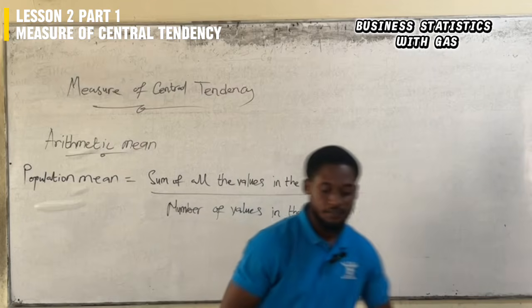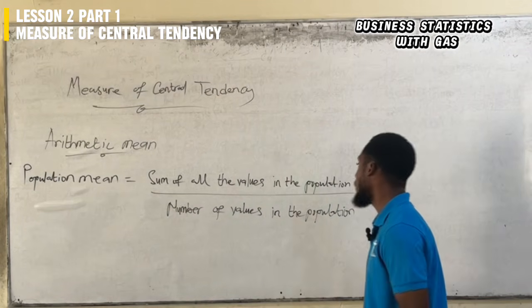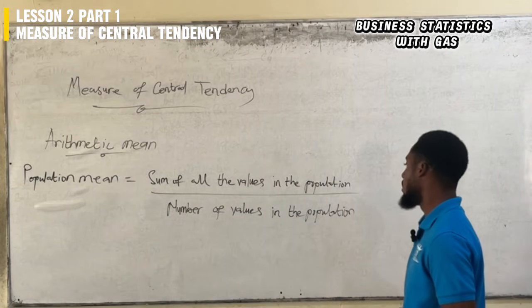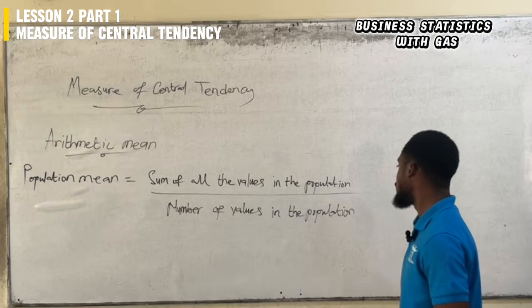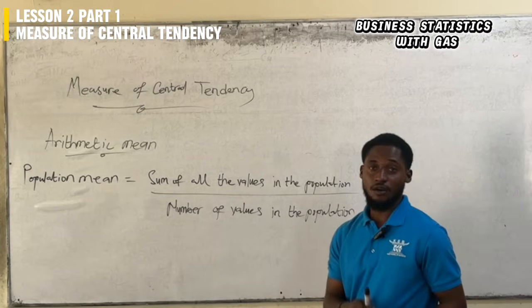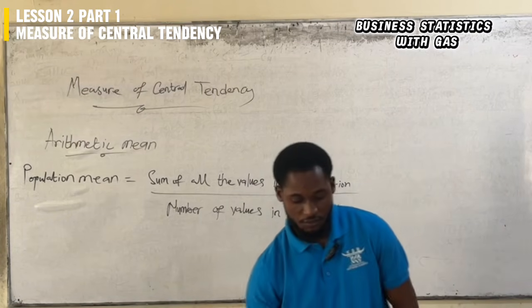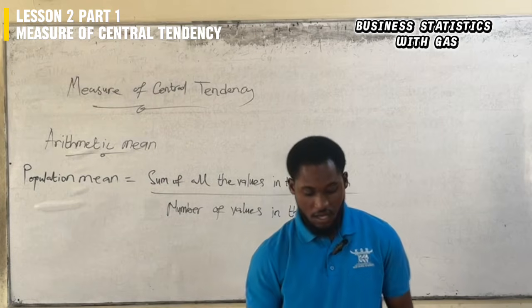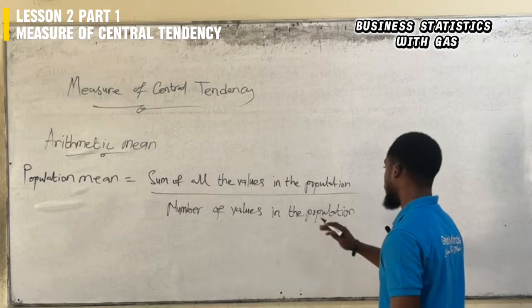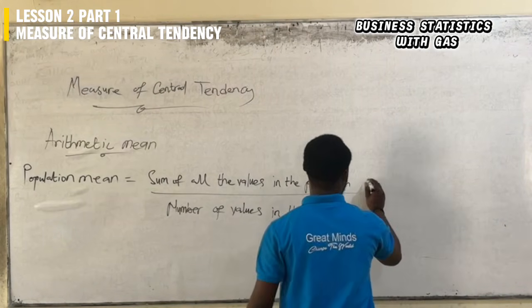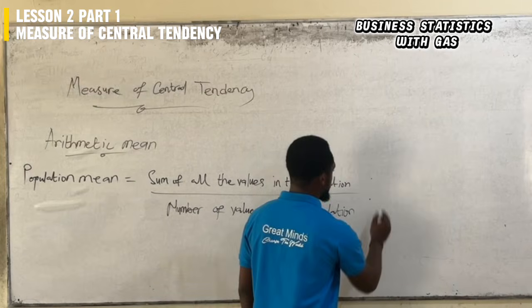So the formula for population mean is the sum of all the values in the population divided by the number of values in the population. I'll urge you to write down this formula as we solve an example under this. And this formula can be represented in mathematical terms.